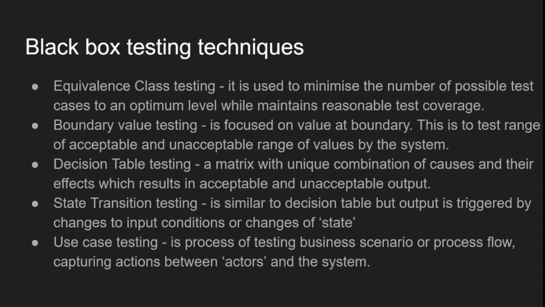So you have an action between an actor and a system. An actor is, for example, a person, and the system is, as an example, an ATM machine where the user puts in a card and the user performs an action, which is to put in a card and then type in the PIN number.